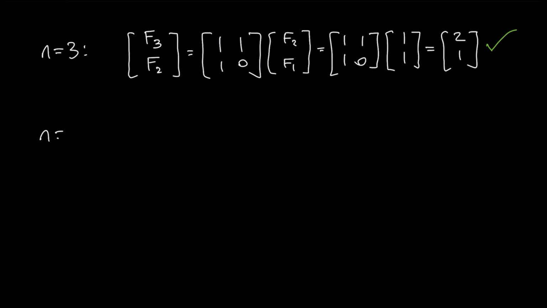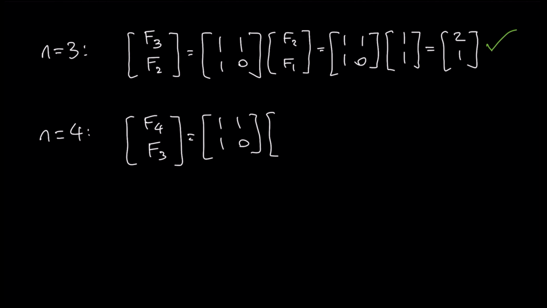Let's try n equals 4. For n equals 4, we get f4, f3 is equal to this matrix multiplied by f3, f2. And I could plug in f3, f2 because I figured out f3.